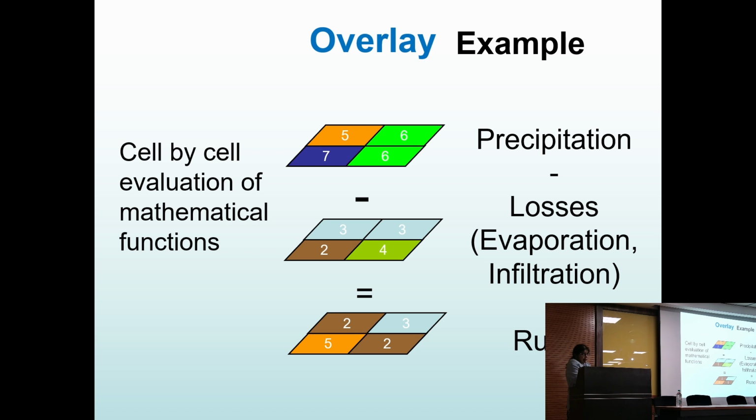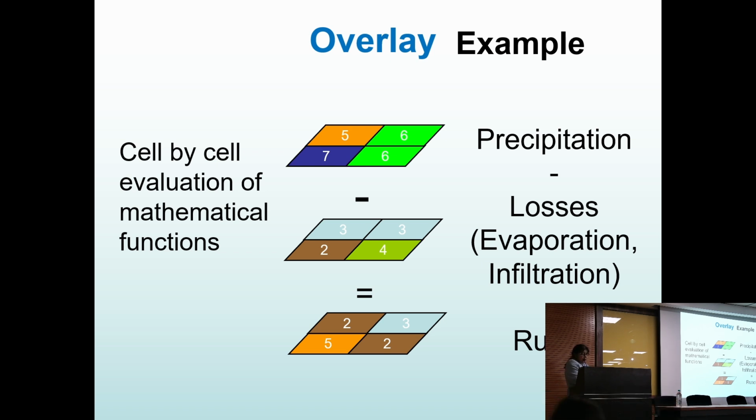under overlay, because it is local operation, means local operation depends on the number of pixels taking part in individual operation. Here output at a particular pixel location is function of input at that pixel location only. Like precipitation layer is there, and losses means evaporation and infiltration is there.